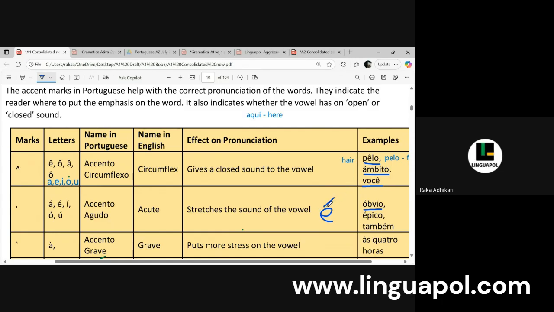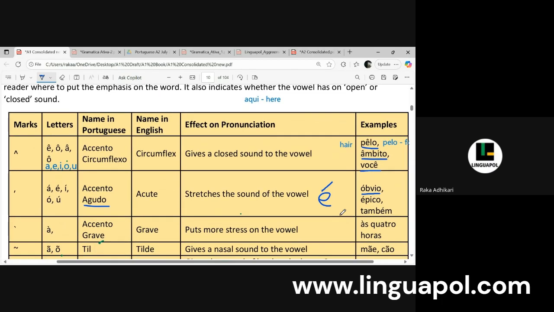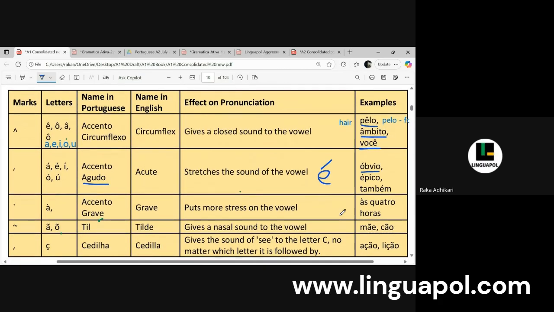If we have an accent towards the right, the name is acento agudo and the role is to stretch the sound of the vowel. It is important to remember the direction because we have a similar accent which starts from the top of the letter and goes towards the left. This is called the acento grave.